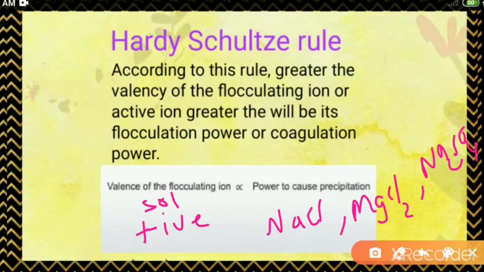Because the sol is positive, the negative ion will act as the active ion.